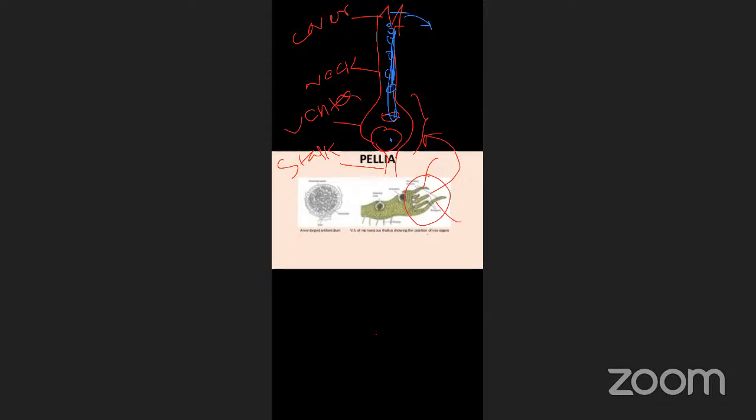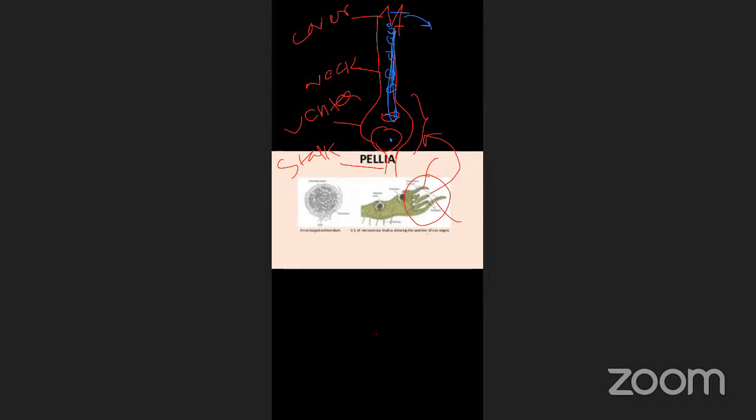In examination there is a chance they ask you to write about the general characters, Pellia life cycle, or Marchantia life cycle. I'm giving examples; I don't know which type studies they will ask. After breakage of the capsule wall, the spores are exposed.